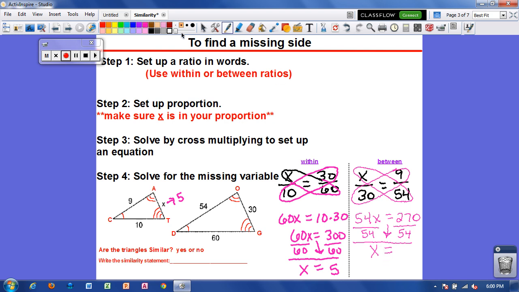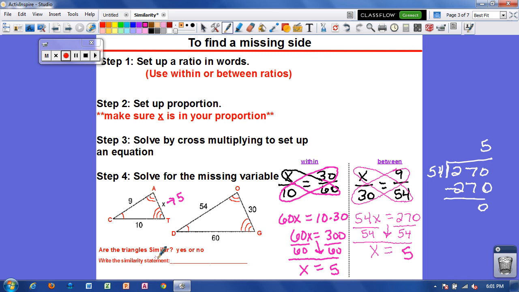Now I am going to come out to the side here and work out 270 divided by 54. Remember, top dog in the house. Now, we know that x should equal 5, so let's put a 5 here and see if this works out. So, 54 times 5, well, 5 times 4 would be 20. 5 times 5 is 25, plus 2 is 27. So yes, we do get x equals 5.